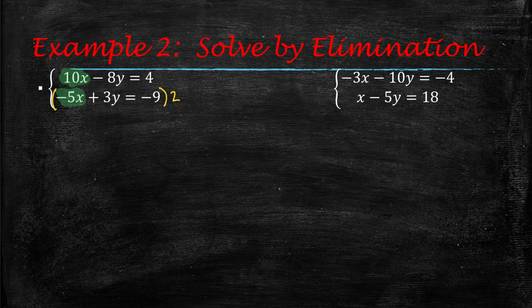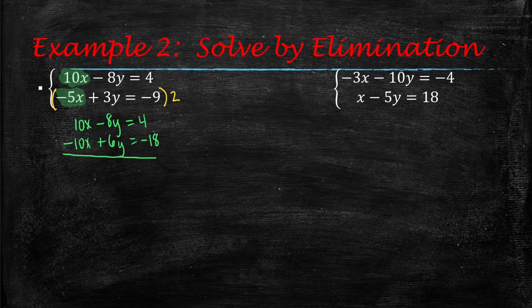So the top one will be the same: 10x minus 8y equals 4. But the bottom one, you're going to multiply everything by 2. So you'll have negative 10x, 2 times 3 is 6y, and 2 times negative 9 is negative 18.